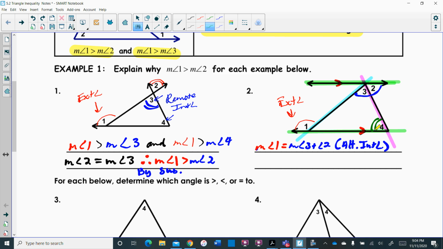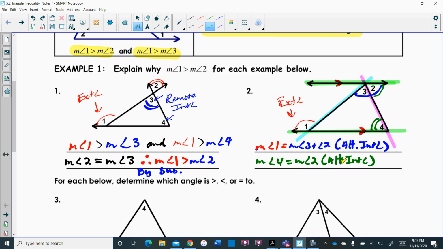This angle 4 is also congruent to angle 2, because it is also an alternate interior angle. So the measure of angle 4 is equal to the measure of angle 2. Alternate interior angles are congruent when you have parallel lines.